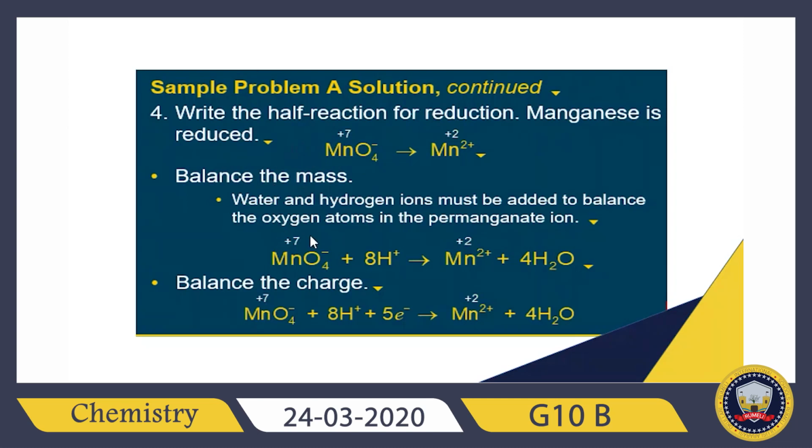So guys, as we said, for the permanganate we have 4 oxygen atoms, so we need to add 4 oxygen atoms on the other side. How, guys? Remember the rule, we say to balance the oxygen atoms we need to add water molecules as required. So here we need to add 4 water molecules so we can get 4 oxygen atoms. Okay, and now we got hydrogen, guys, on this side.